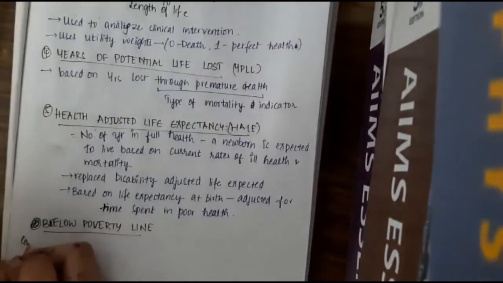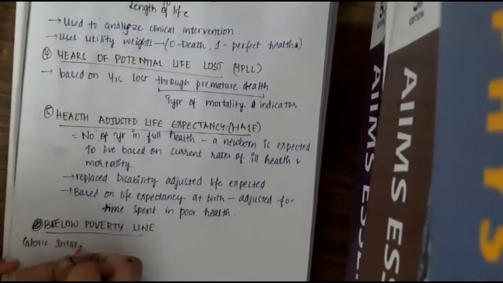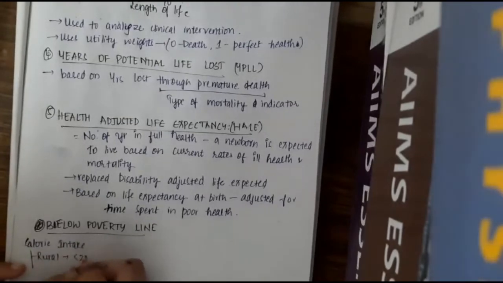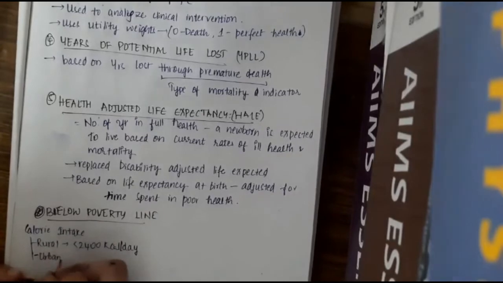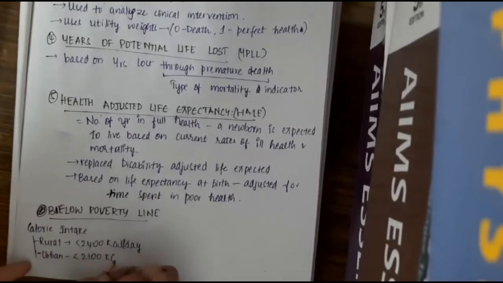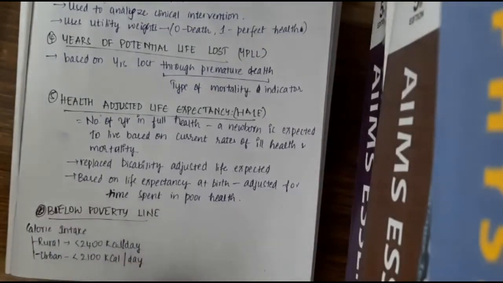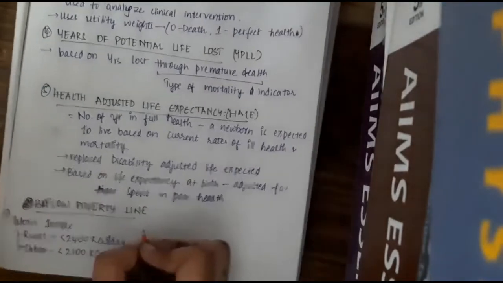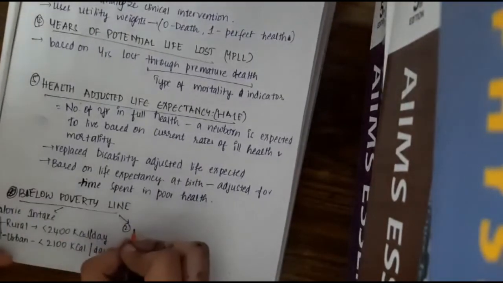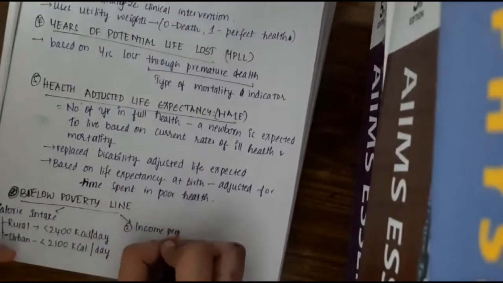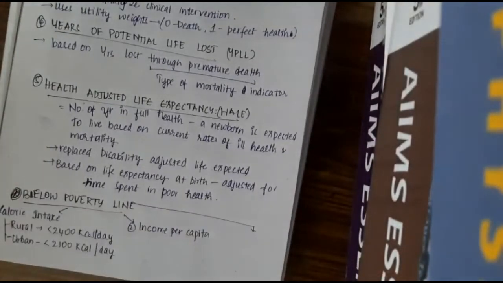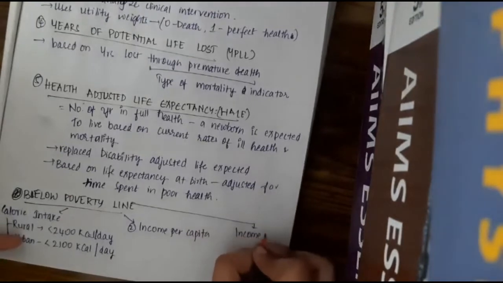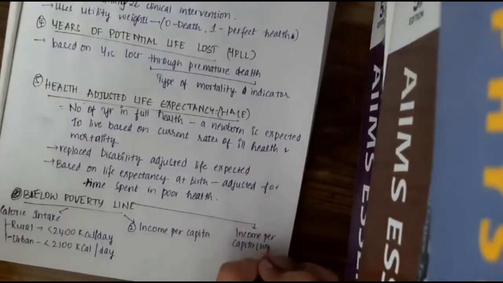Below poverty line is divided into 3 types. One, we have calorie intake, which is, rural, less than 2400 kilocalories per day, and urban, less than 2100 kilocalories per day. Then second, income per capita, where we have the Tendulkar committee and Rangarajan committee.